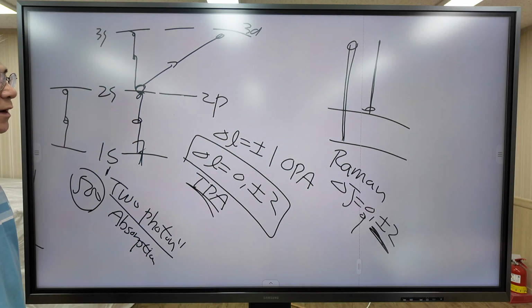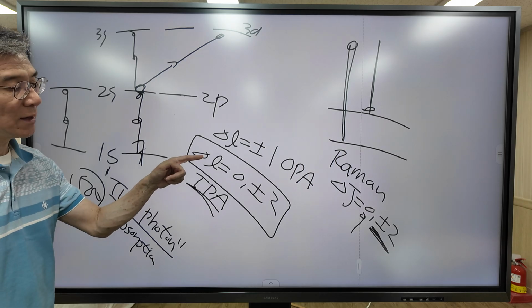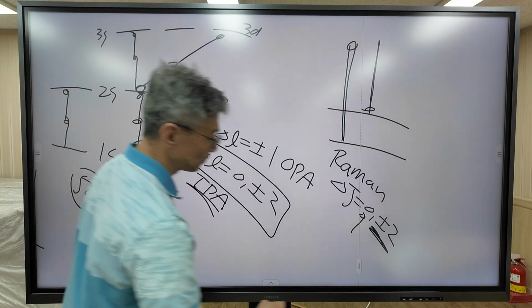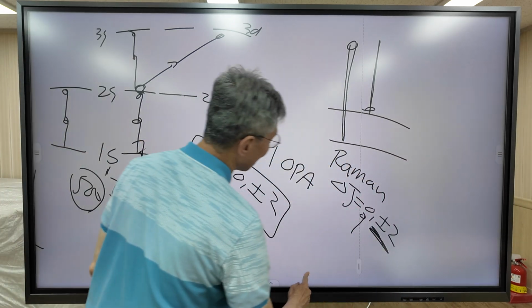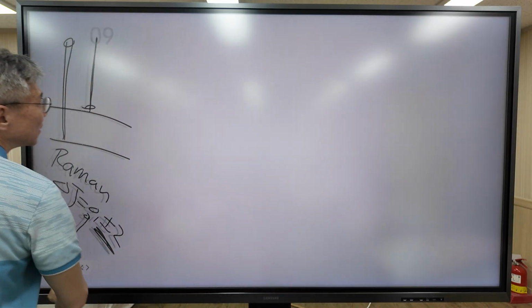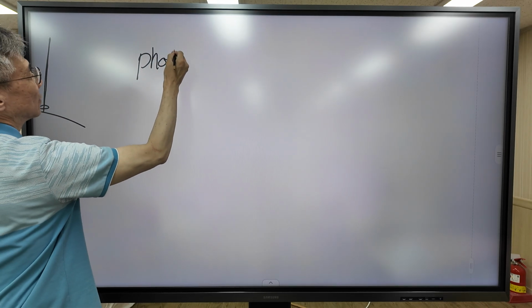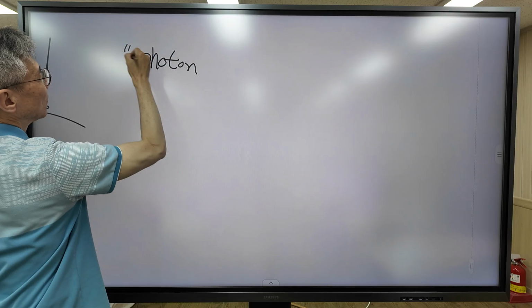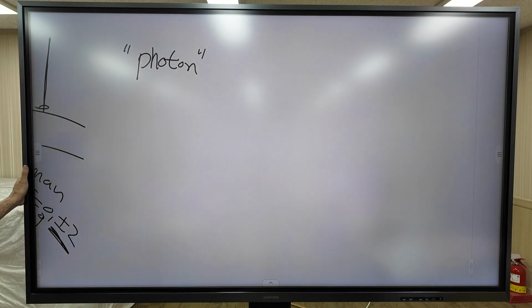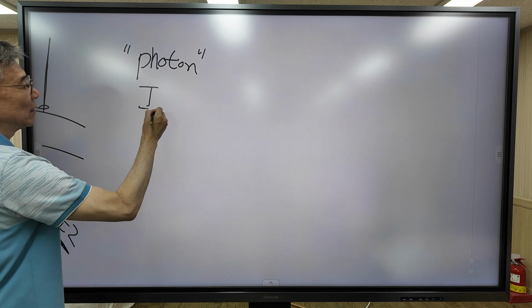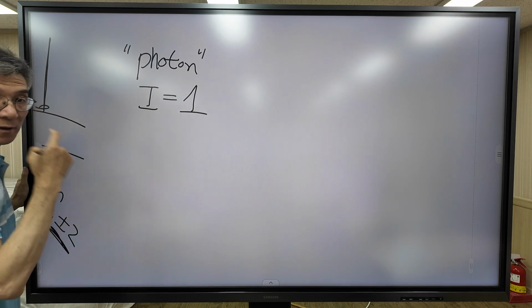And another way to explain the Raman selection rule is this. The photon is a particle, and all particles have spin quantum number. The spin quantum number of photon is known to be 1.